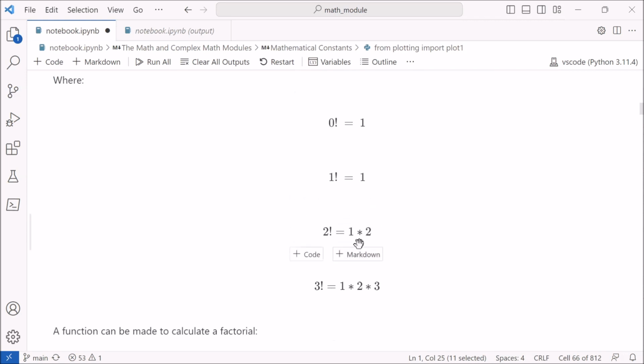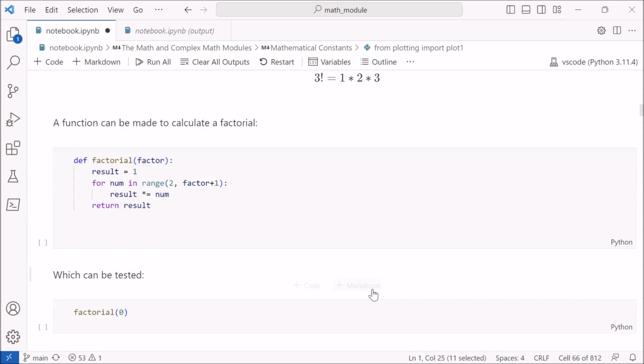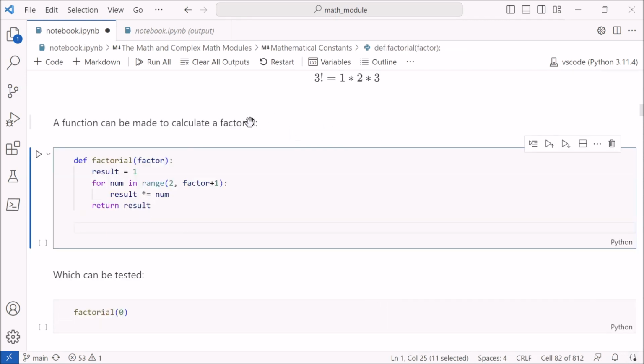Then everything else is 1 times 2 times 3 times all the way to n. So this is 1 times 2, this is 1 times 2 times 3. So a function can be made to calculate a factorial. So the result is going to be 1 if it's 0 factorial or 1 factorial. And if it's higher, then this range function is going to be used to calculate the result.